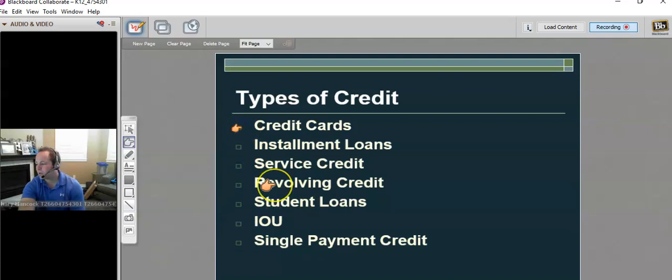Credit cards are probably going to be the first one where you start to get things on. Know that you need to pay those off quickly and have that cash on hand, or you're going to be paying a high interest rate.